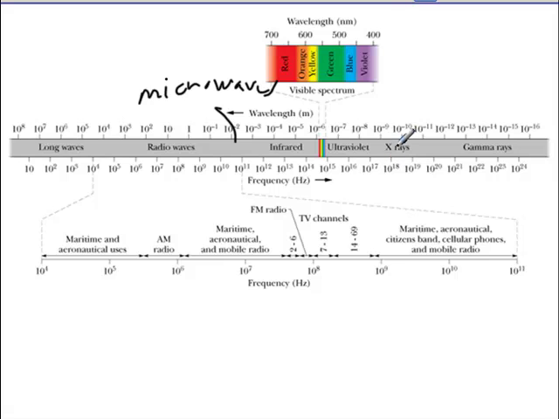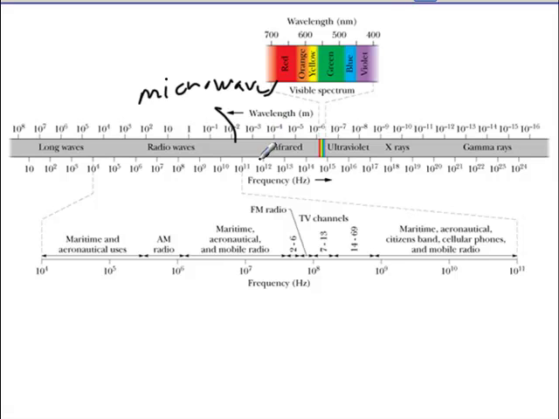So this is electrons in a metal in a wire being moved up and down, just like the radio waves we talked about at the beginning of this chapter. But they're very short wavelength, very high frequency.